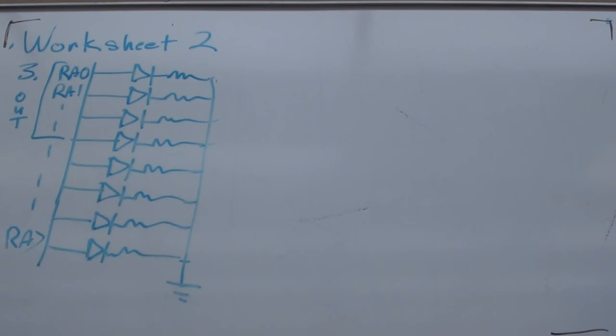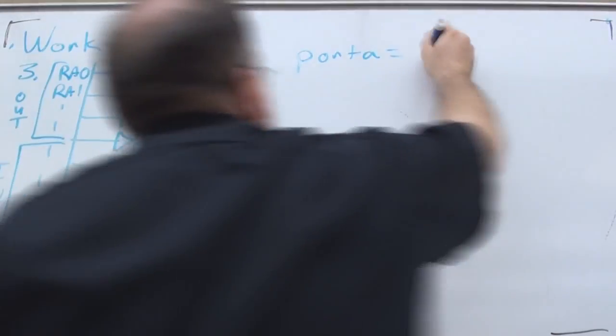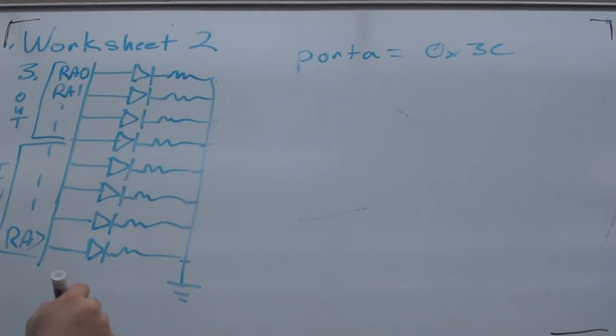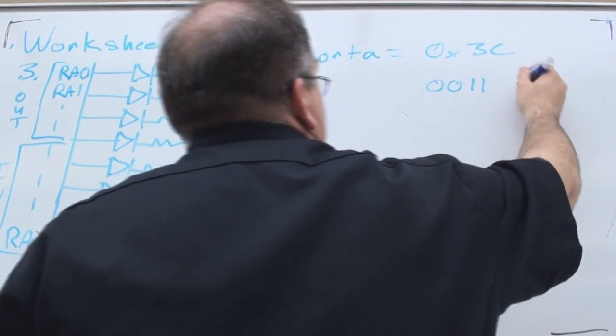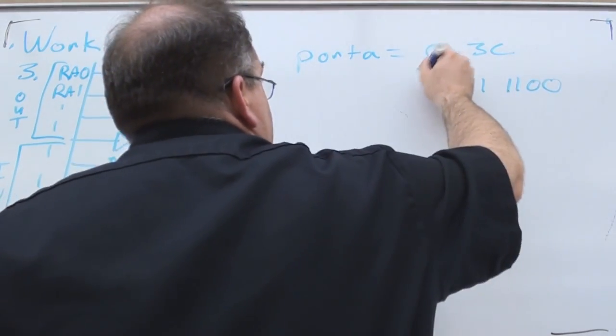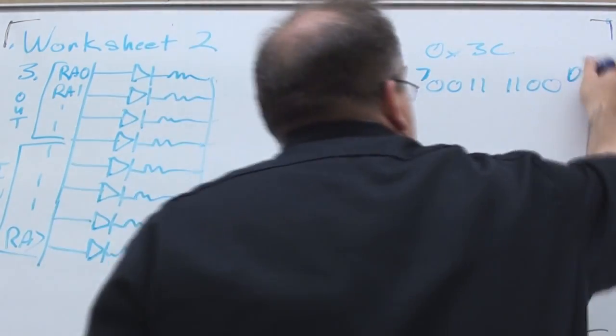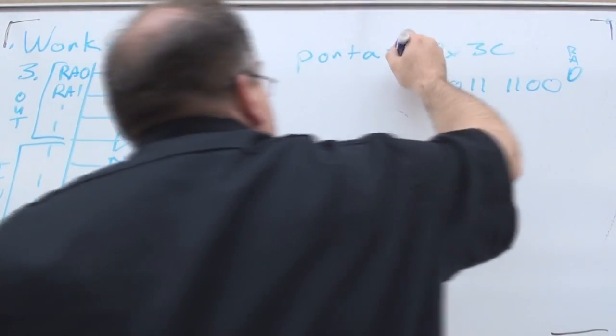If these are inputs, it means these pins are in a high impedance state, which basically disconnects them from the circuit. So if these are all disconnected from the circuit, there's no chance any of these LEDs are going to come on. And then we send the command PORTA equals 0x3C. If we convert this to binary, it would be 0011 1100.